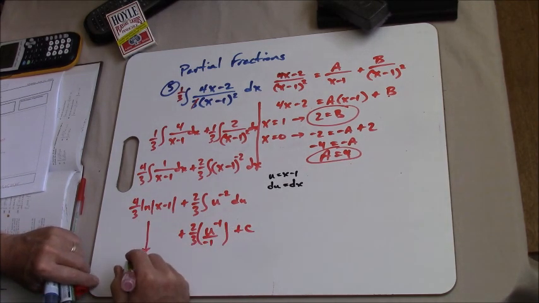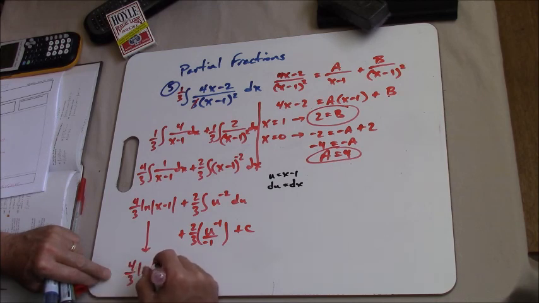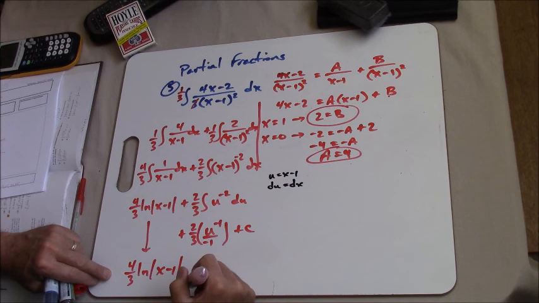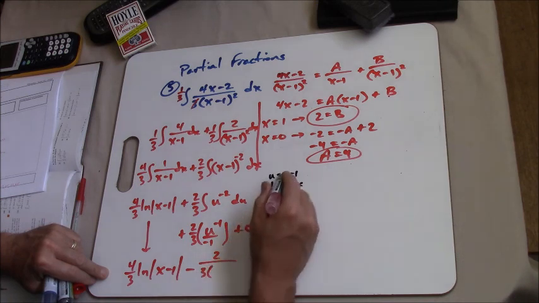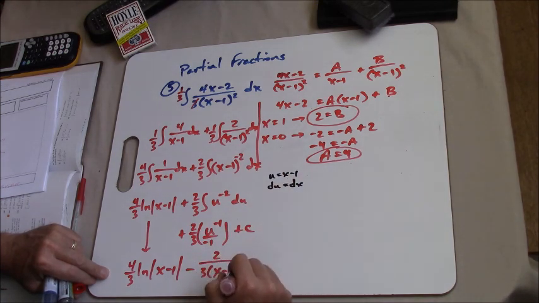And so my final answer here is going to be this: 4/3 natural log absolute value of x minus 1. Positive divided by a negative, that's negative. This u is going to drop down below the fraction bar, so I've got 2 over 3u. And I'll just go ahead and plug that x minus 1 back in for u, and then plus c.